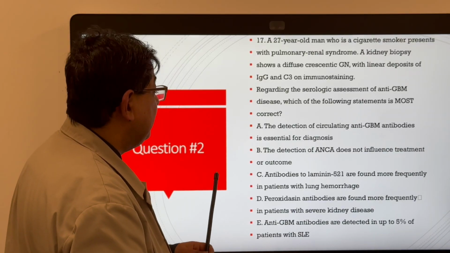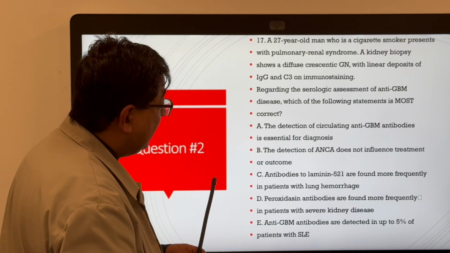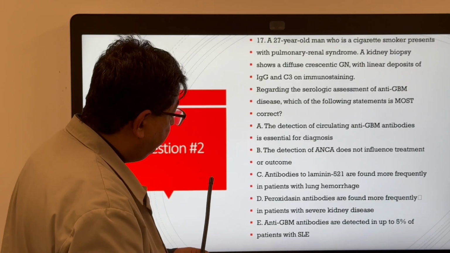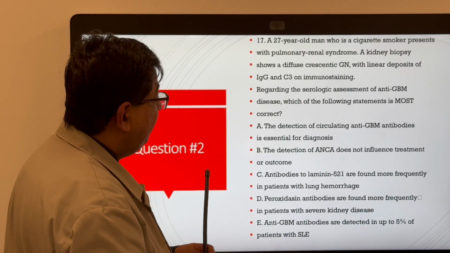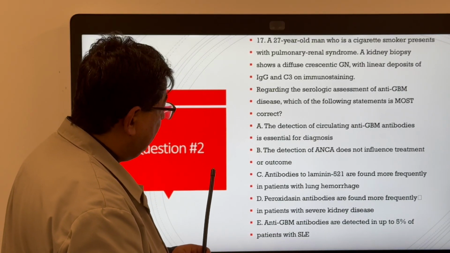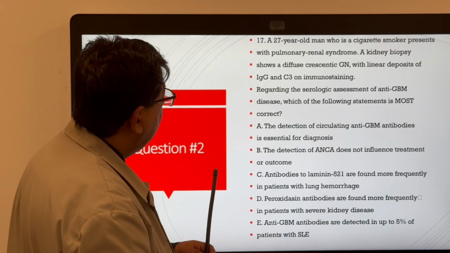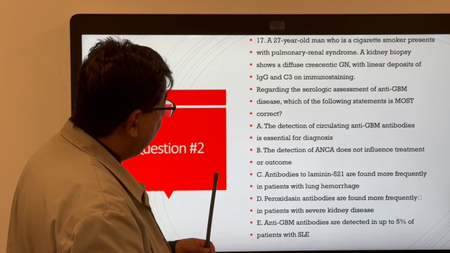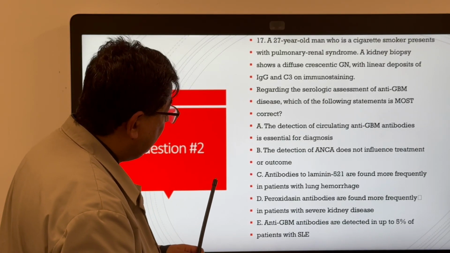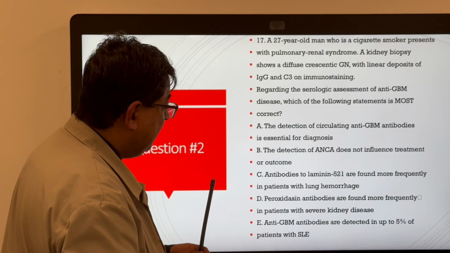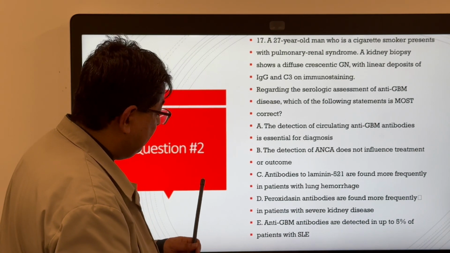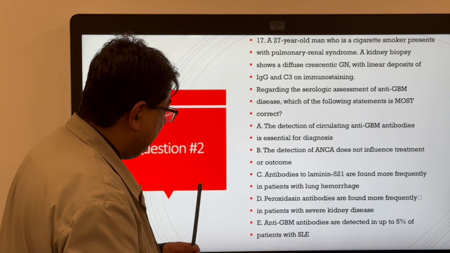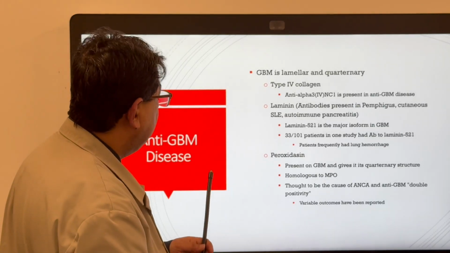The detection of ANCA does not influence treatment or outcome. Antibodies to laminin 521 are found more frequently in patients with lung hemorrhage. Peroxidase antibodies are found more frequently in patients with severe kidney disease, or anti-GBM antibodies are detected in up to 5% of patients with SLE. Next slide.